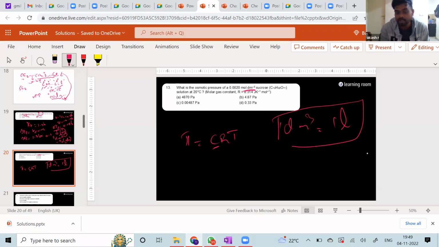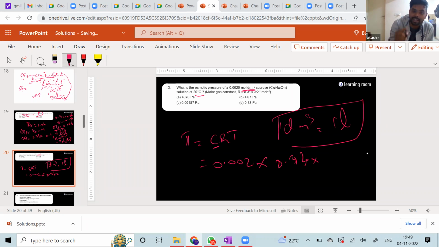Okay, 1 decimeter cube is 1 liter. 1 centimeter cube is 1 ml. Right. So now directly I can take it as mole per liter. That is nothing but the molarity. Right? I can substitute the values now. 0.002, that is the molarity, into the R value is 8.314. That is what is given. And temperature is 20 degrees Celsius. Now, in this case, you cannot use degrees Celsius.